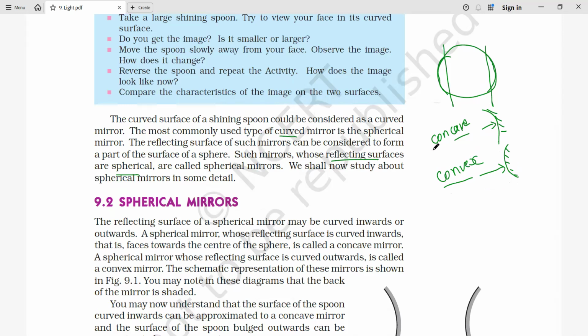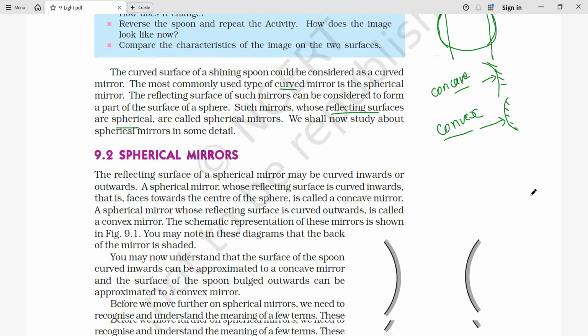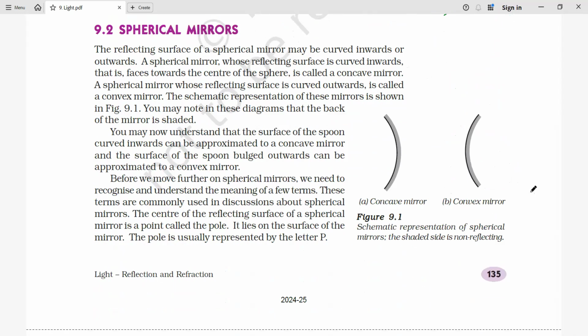Okay. So now, here we have two types of spherical mirrors, and these spherical mirrors are parts of some spheres. So we'll have a radius of curvature, we'll have a focus, and we have a pole. All these things we are going to discuss here. The spherical mirror is curved either inwards or outwards.